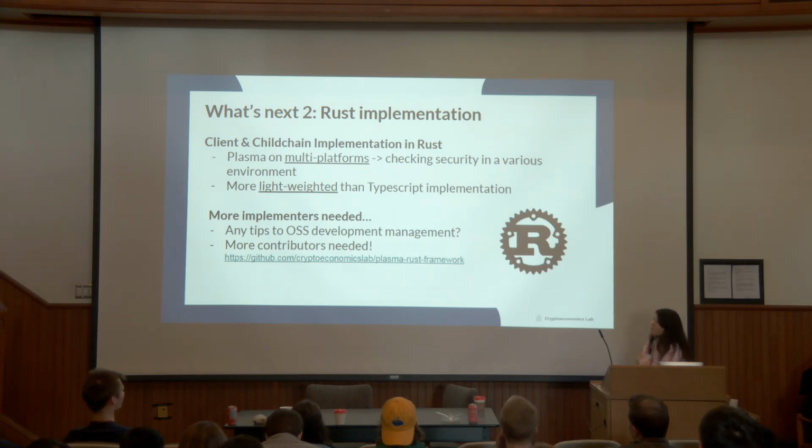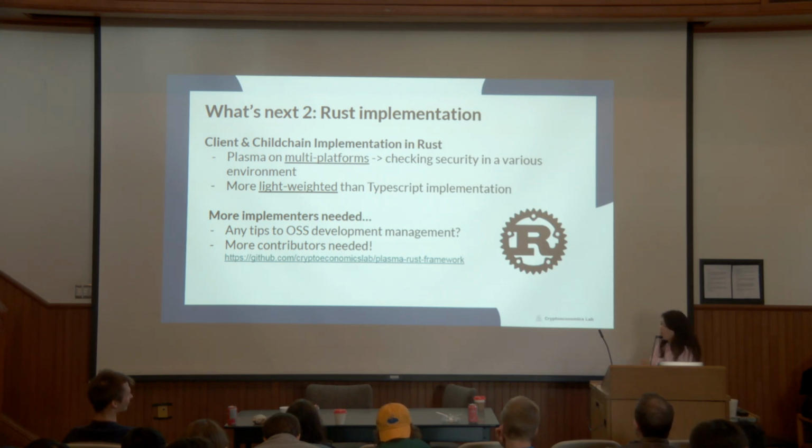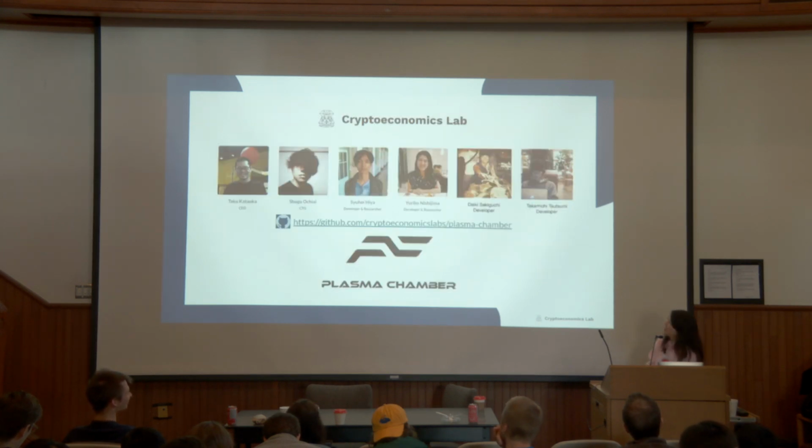For this task, we definitely need more implementers and contributors. We are developing Plasma Chamber as open source, so please reach out to me if you're interested. And if you have any tips to manage open source development in a more organized way, I would like to hear that, so please talk with me about it later.